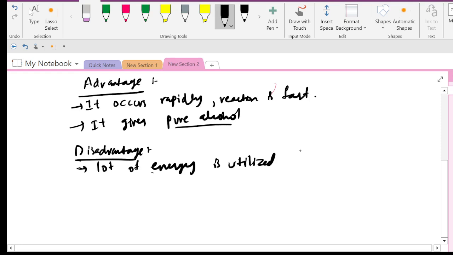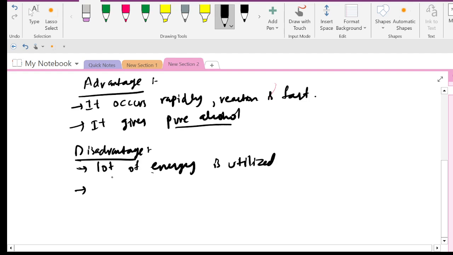And another thing is that the ethene used here is not a renewable source. Ethene is made from ethane, so it is obtained from petroleum.